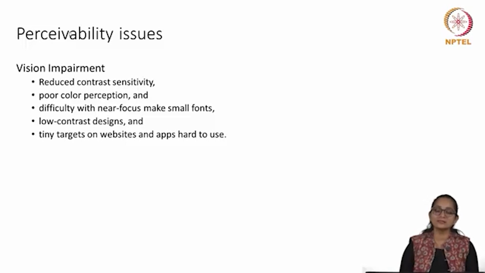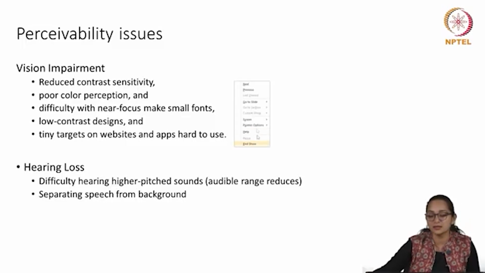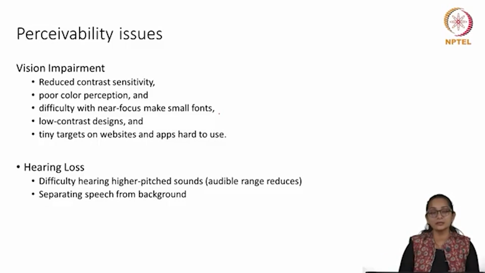The cross itself is blending into a background kind of color, or it may be a very fine font, not a bold font, and that is why it is not differentiable from the background. Then in terms of other perceivability issues, there may be hearing loss, so difficulty in hearing high pitch sound.